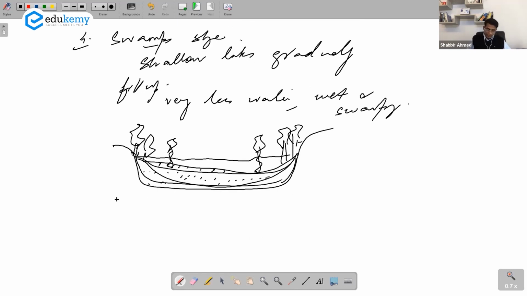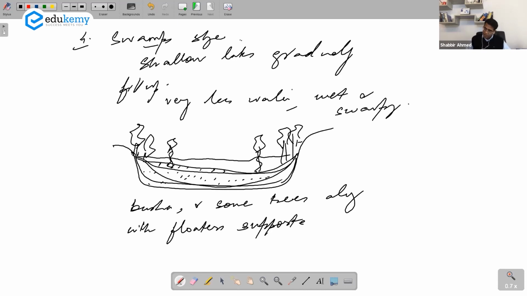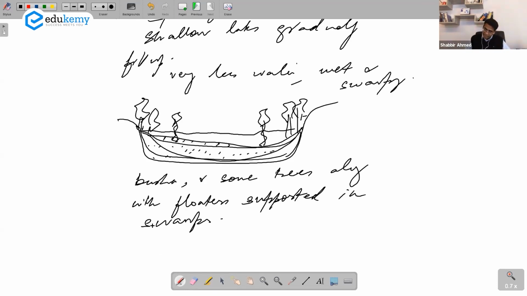We can have bushes and some trees along with floaters supported in the swamps. So ये जो layers हैं, these layers have witnessed siltation.